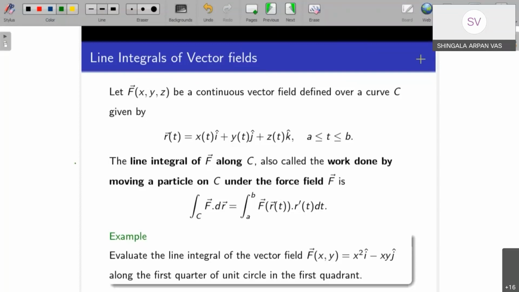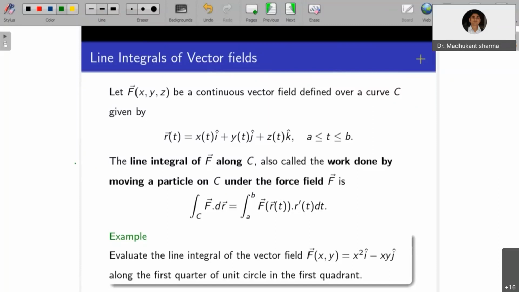Okay. So let's start today's lecture. We have done the things related with the vector fields, how to integrate, and in particular we have seen the line integrals.